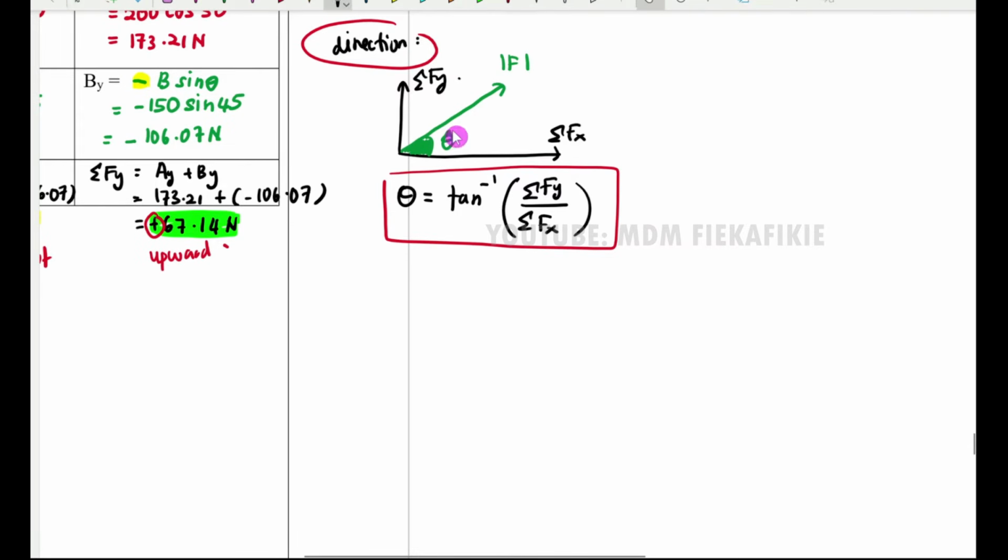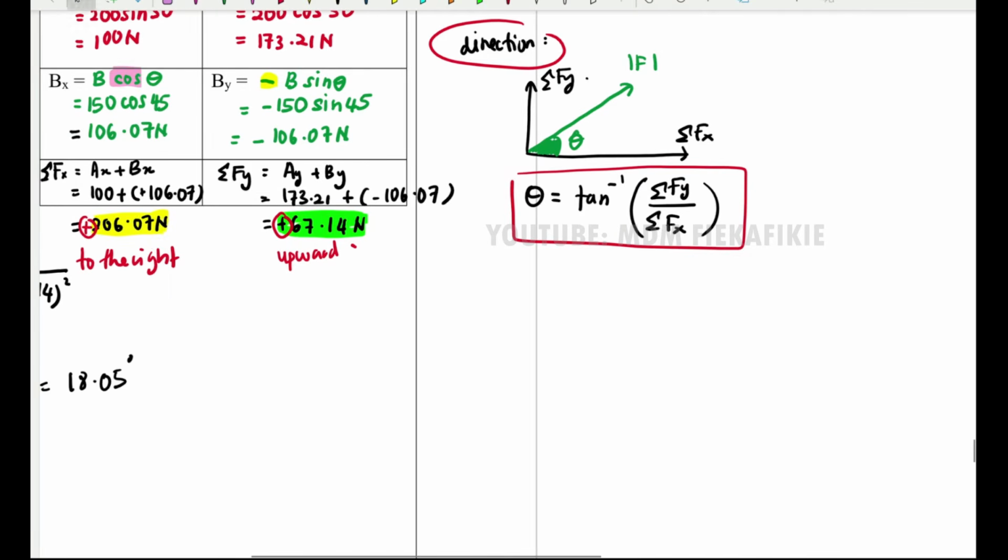Macam mana saya tahu dia dekat sini? Kuadran yang pertama, above positive x-axis, based on our calculation. Based on our calculation here, you can see, you have 206.07 positive, so upward, to the right. X component to the right.